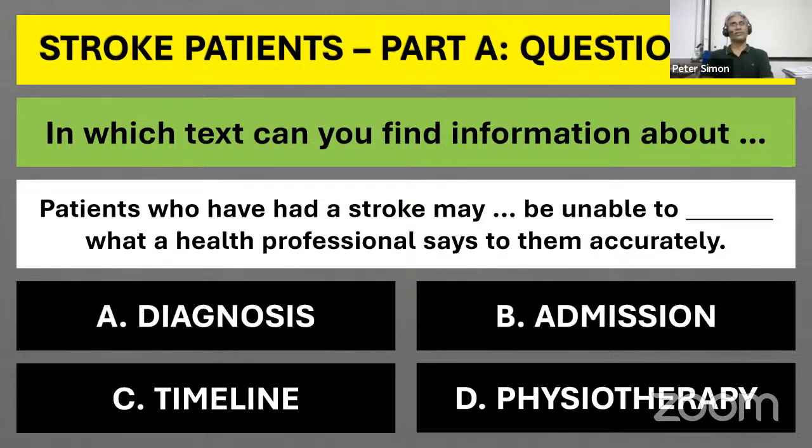Now let us see. Here, the point is patients who have had a stroke, that's common, may be unable to dash what a health professional says to them accurately. Health professional tells. Where will you get this health professional? In diagnosis or admission or timeline or physiotherapy?